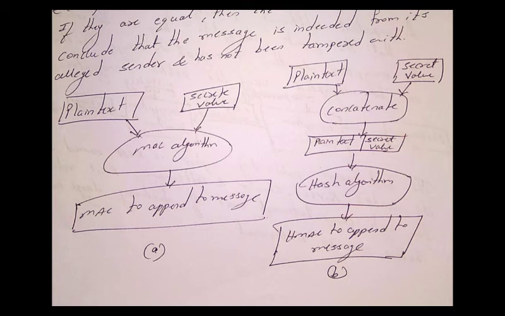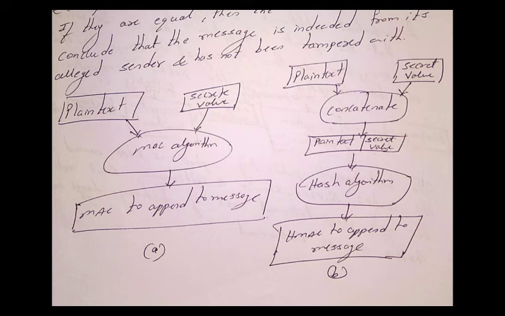Now the receiver receives the message along with the message digest. He separates the message digest from the plain text, and along with the secret value generates the message digest again. So there is the receiver-generated message digest and the one attached to the message. He compares them.